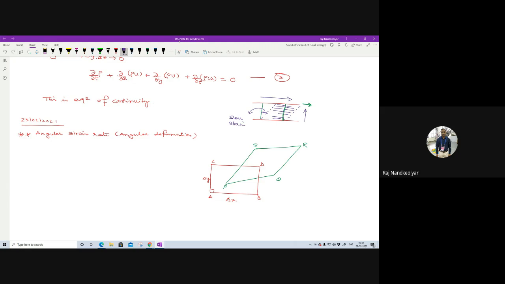Now, if you also allow the fluid to move in this upward direction, or the y-axis, there will also be a deformation of this. So the new fluid element will be something like this. Is that fine? ठीक है ना? या कंफ्यूजन है?